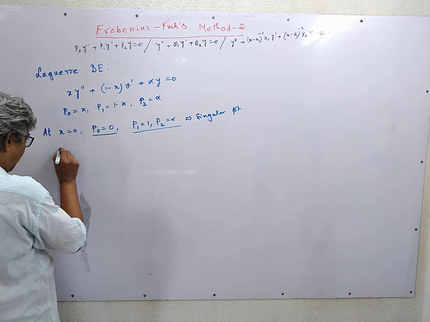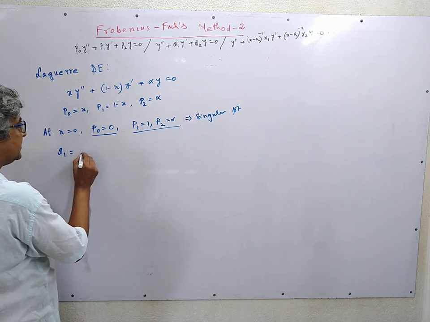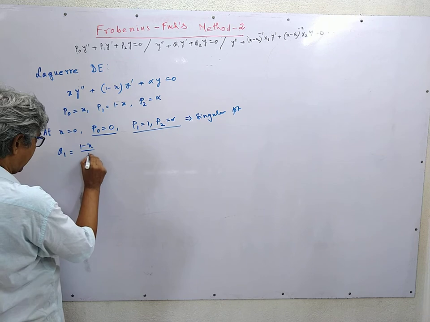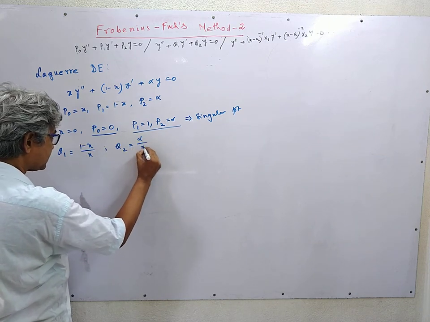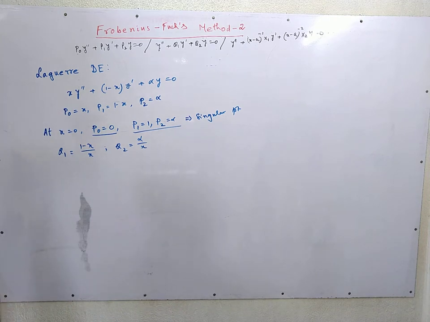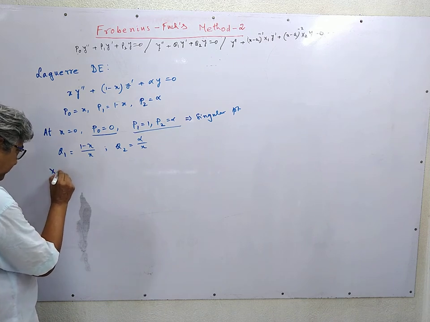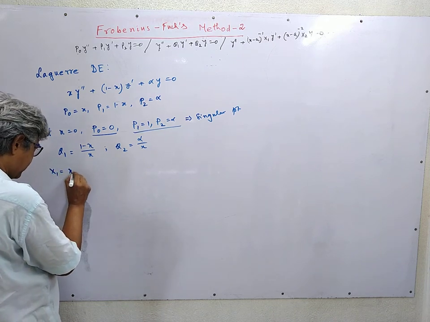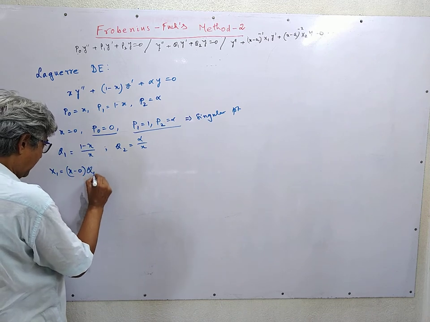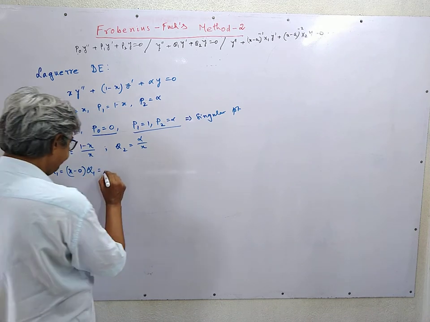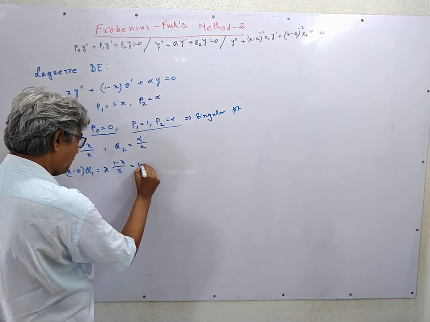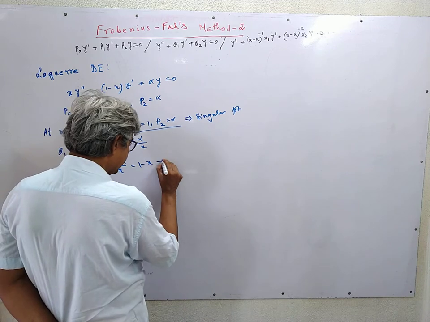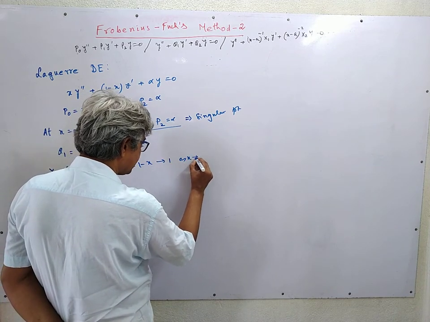So we define the Q functions. Q1 is 1 minus x by x and Q2 is equal to alpha by x. As x tends to 0, both Q1 and Q2 diverge, so we consider the X1 function. X1 function is x minus 0 times Q1, which is x times 1 minus x by x, equal to 1 minus x, and this tends to 1 as x tends to 0.